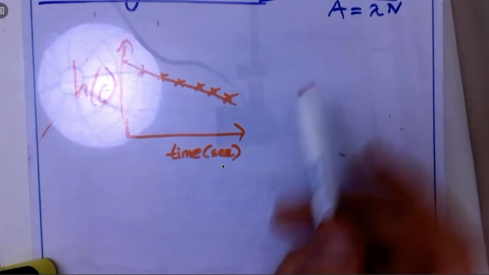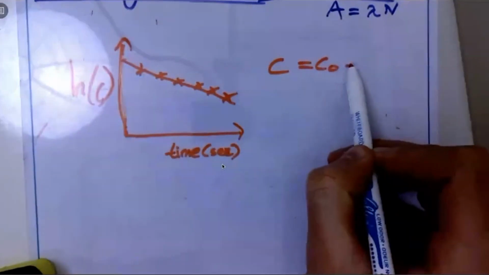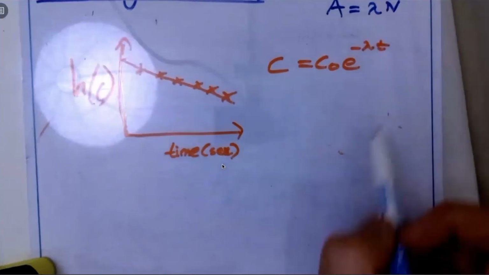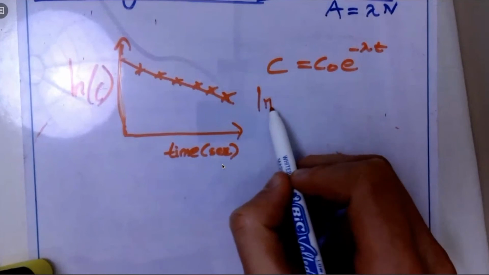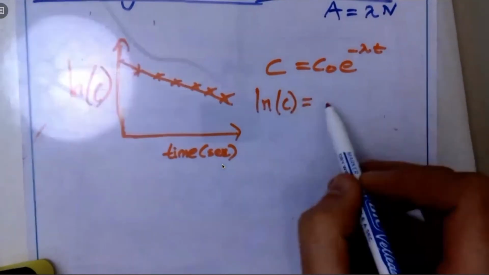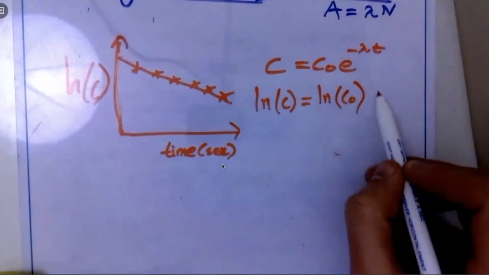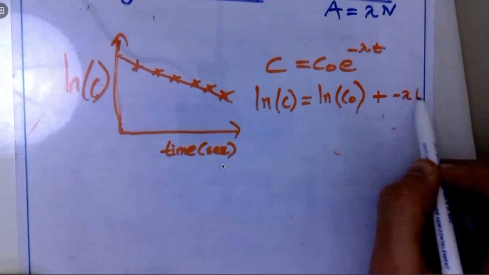So what I mean by that is, if I rewrite my original equation, C equals C naught e to the power of negative decay constant times t, and I log both sides, it becomes log C equals log C naught plus negative lambda t.